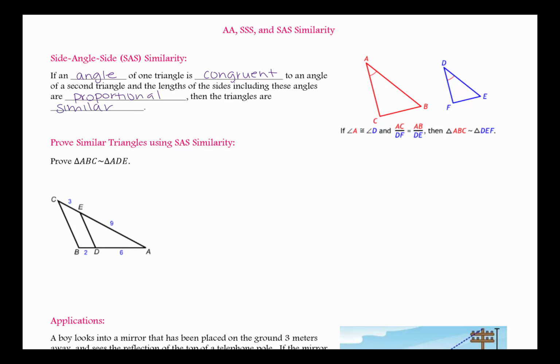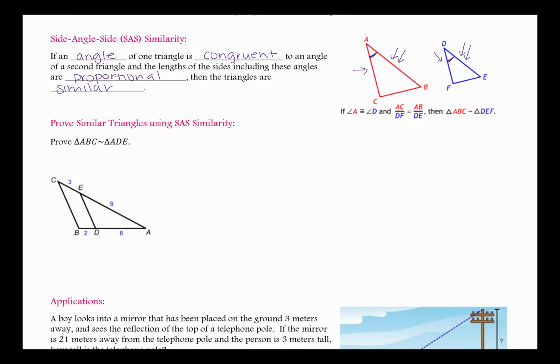So if you look over here, if we're talking about angle A and angle D, then the sides I need to look at are AC, AB, and DF, DE. If I show that the angles are congruent and the sides are proportional, then the triangles are similar.